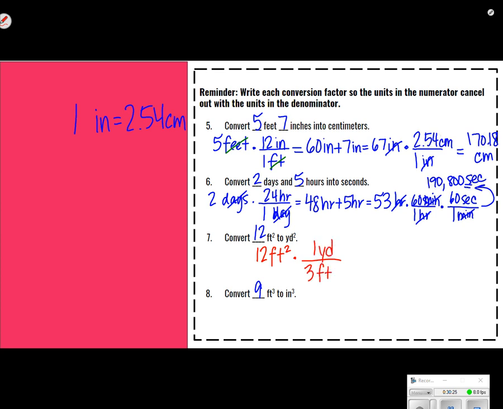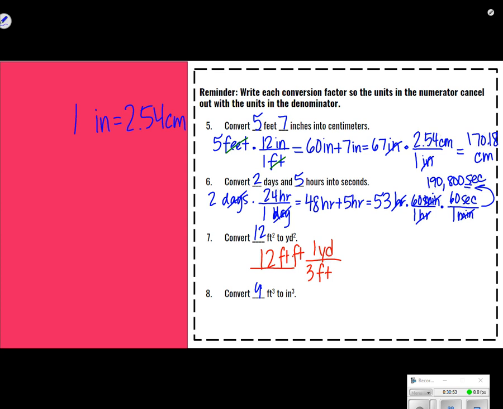Okay, and here's where the issue comes in. This is not just feet. This is feet times feet. So this is 12 feet times feet, feet squared. It's still in the numerator.